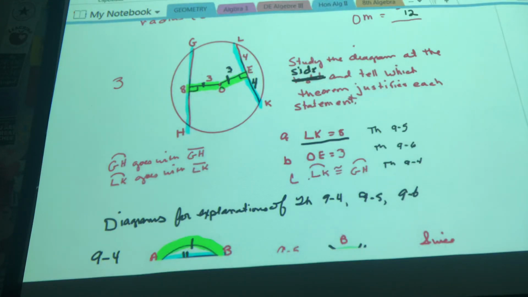So, since chord GH and chord LK are both 8, then their arcs, arc GH and arc LK, will be congruent. That comes from Theorem 9.4. Now you have a few exercises to work on this section.